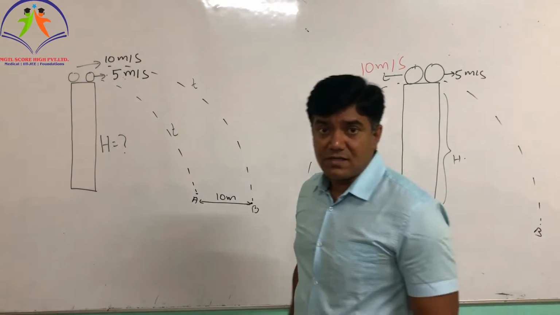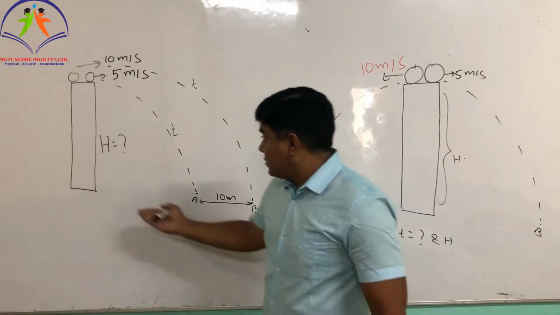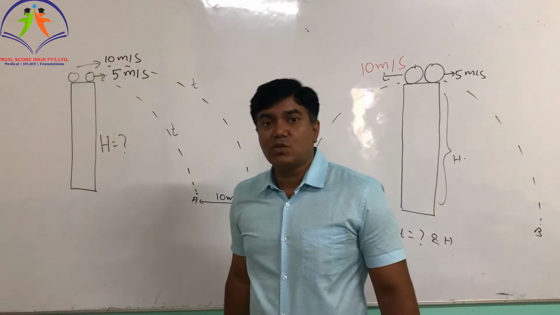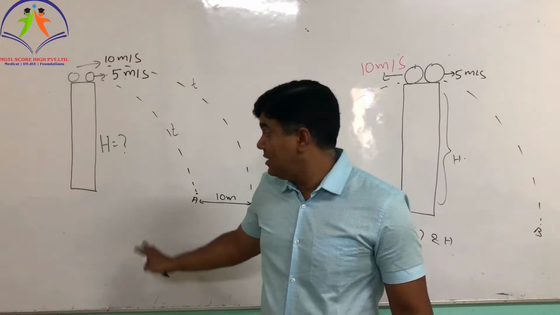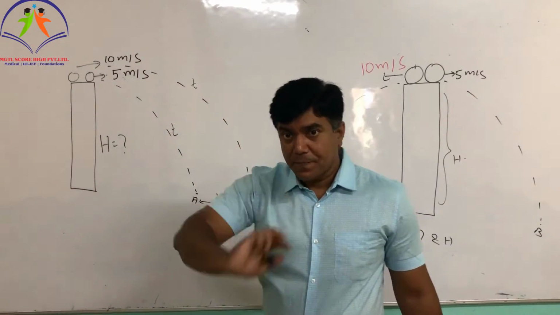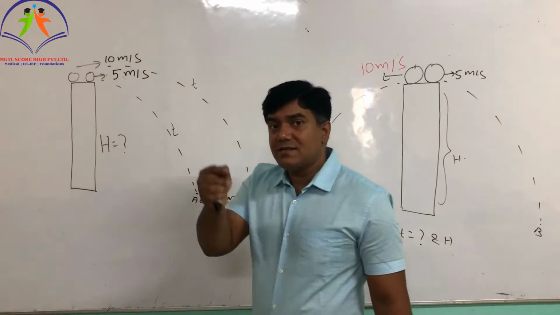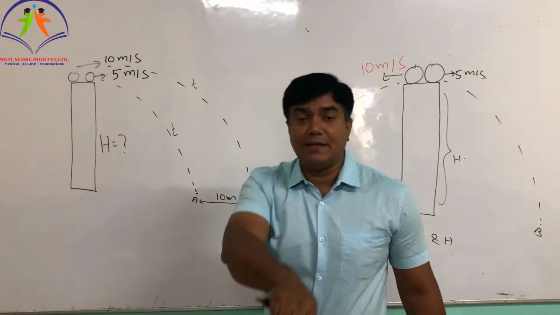Another shortcut concept, please keep it in mind: the horizontal distance, that is range, for which you use the formula u square sin 2 theta by g, now no need to use that. Range is nothing but distance, and you know that distance is nothing but speed into time.